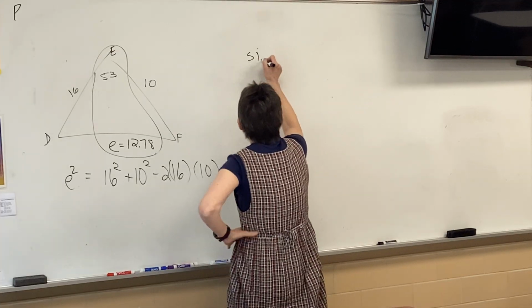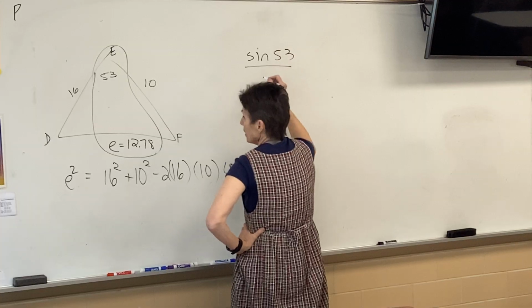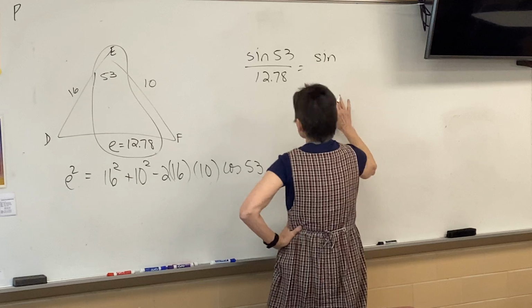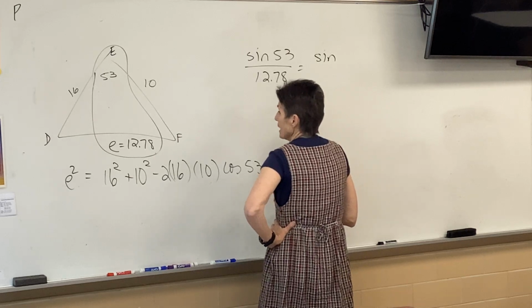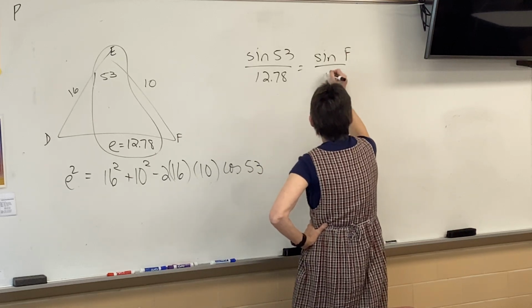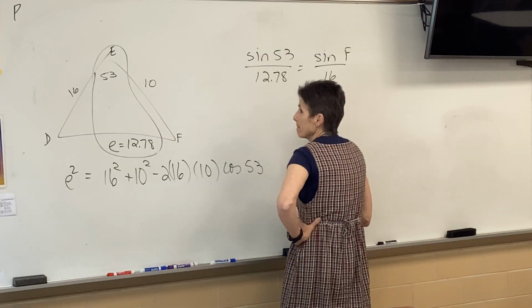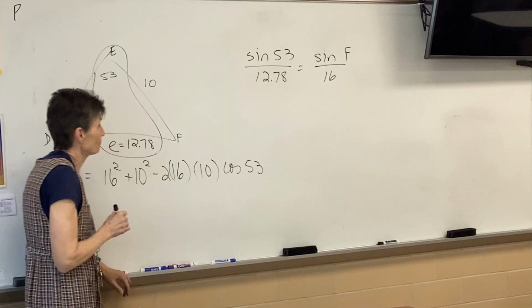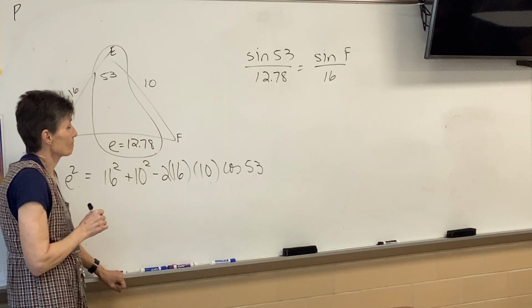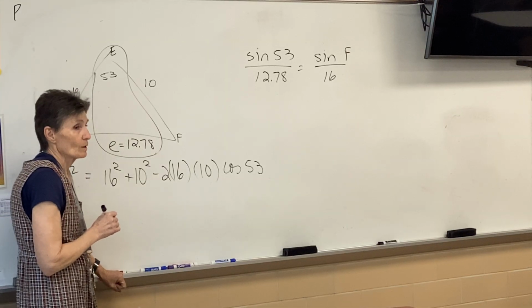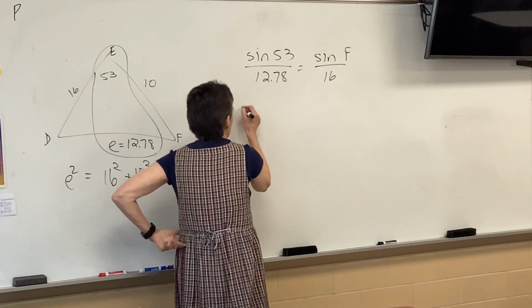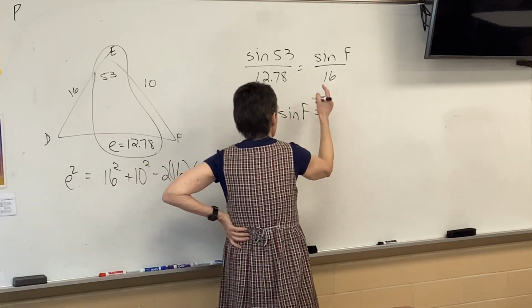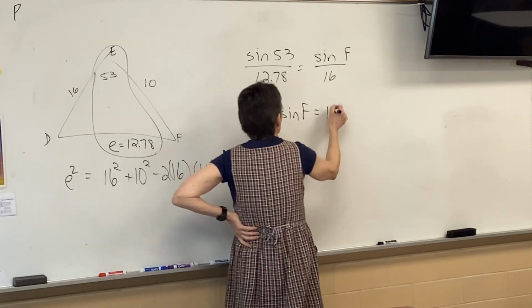So sine 53 over 12.78 equals sine F over 16. Cross multiply.